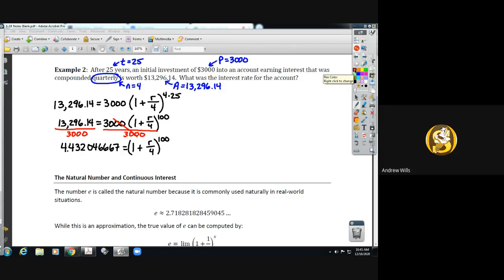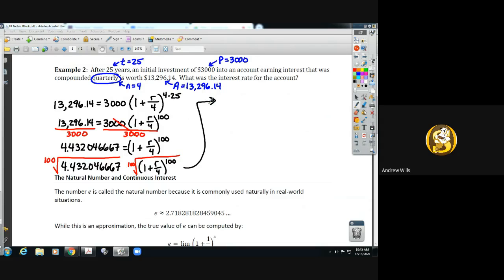So this is tricky in the calculator in theory. So let me write this out here. We are going to take the 100th root of each side. So we're going to take the 100th root of the decimal on our calculator. And on the other side, that'll take care of itself, because the root and the exponent are going to cancel each other out.